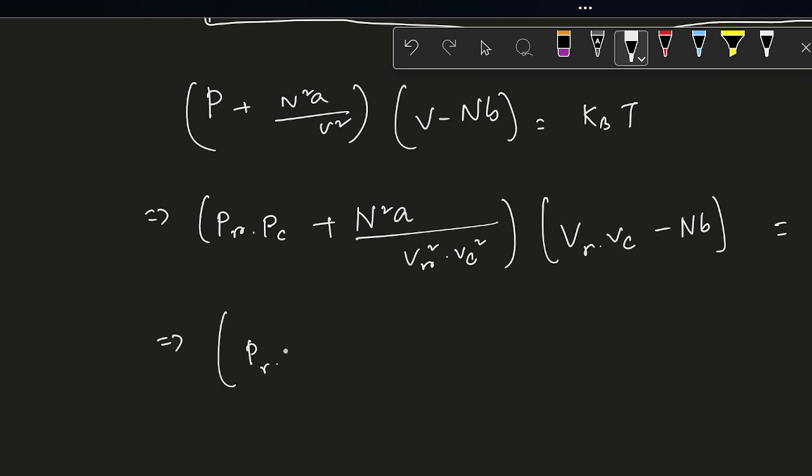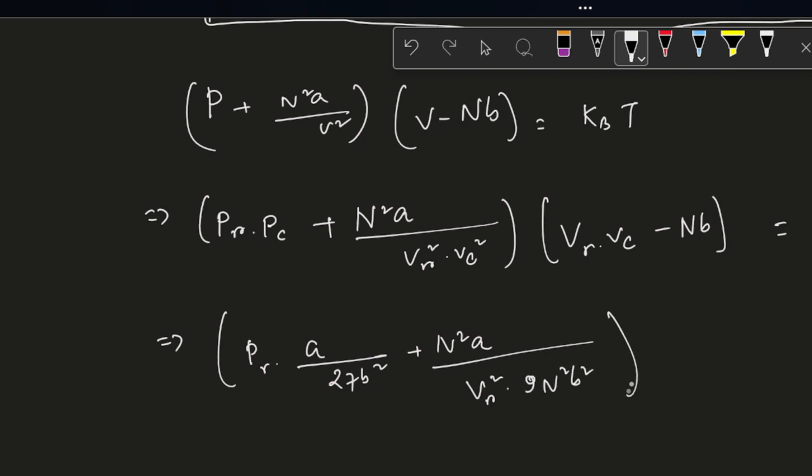So now we will use the values of the critical parameters. For PC, we replace the actual value A by 27B squared, plus N squared A divided by VR squared into VC squared, where the VC value is 3NB, so the square will be 9 N squared B squared.